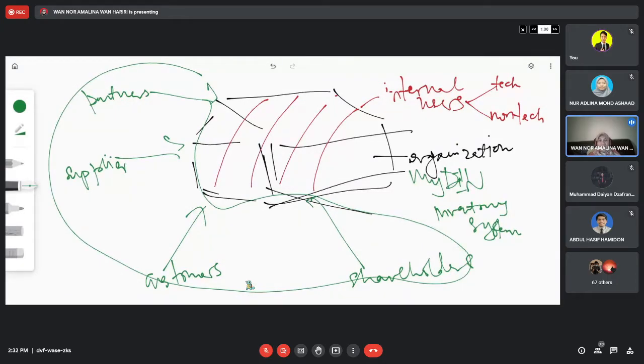Now most organizations have a fully automated inventory system, in the sense that whenever the supply needs to be replenished, the system will alert the suppliers automatically. The supplier doesn't need to check or ask the internal users of the system. The system itself will alert the supplier.